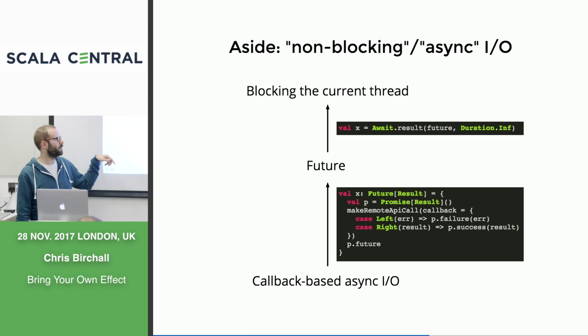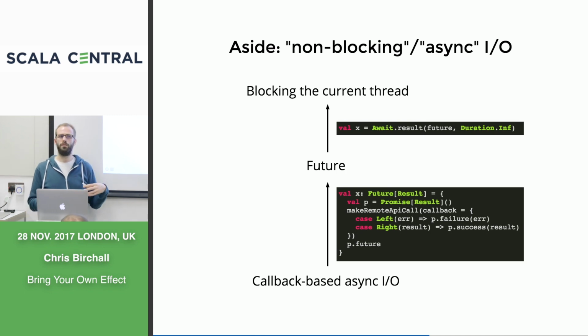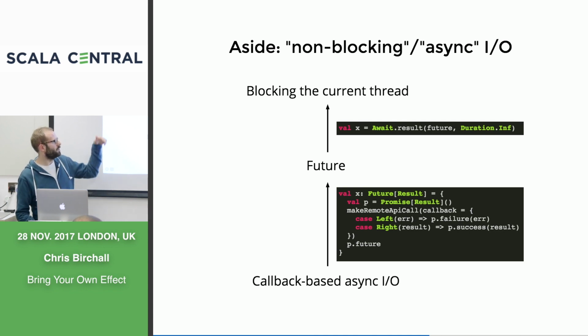But you can't go back the other way. You can't have code that is blocking a thread somewhere running in a future and just magically turn that into code that does everything using events and asynchronously and doesn't use up a thread. That's just not possible. And similarly, you can go from future to blocking the current thread by just wrapping it in a wait, but you can't really go the other way.